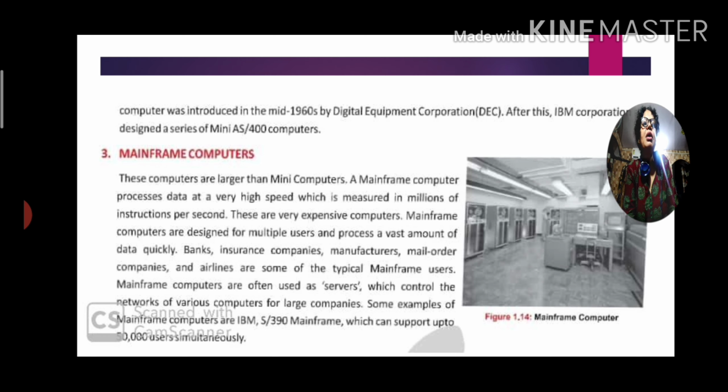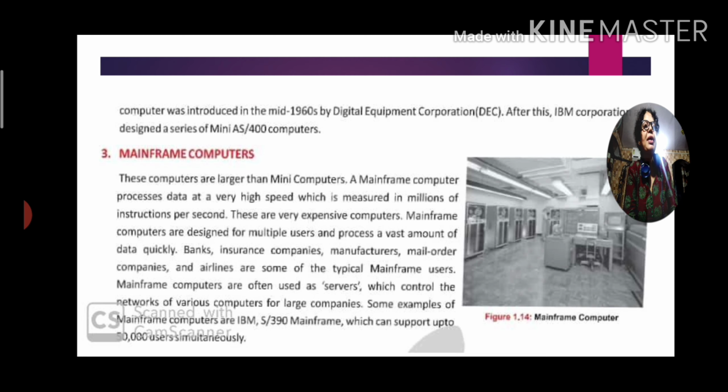Now we talk about mainframe computers. What is a mainframe computer? These computers are costlier than micro and minicomputers, and they are also larger in size than minicomputers. A mainframe computer processes data at very high speed, measured in millions of instructions. It can process millions of instructions per second.